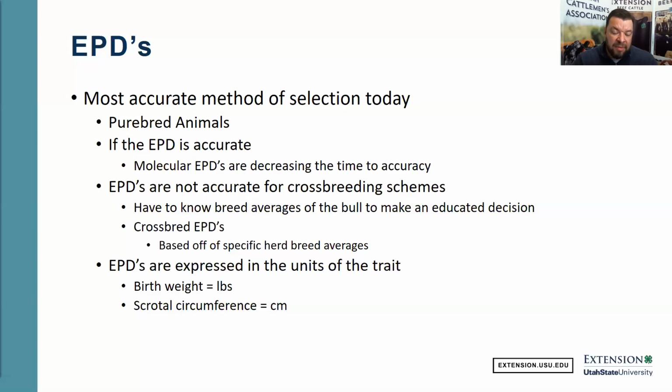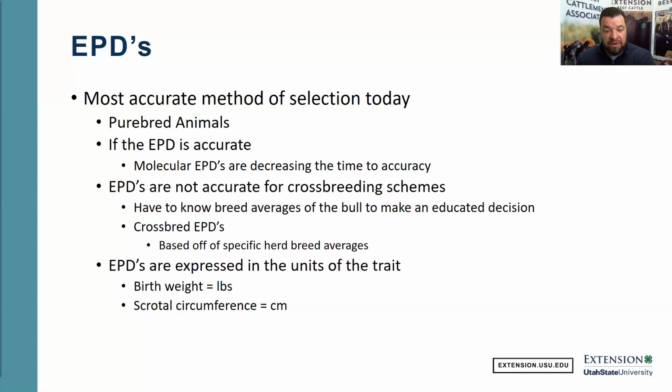Now, you've got to remember, EPDs are breed specific. With crossbreeding, we can still use EPDs as a tool, but you have to know the breed averages of the bull to really make an educated decision. That breed average, is it going to be compatible with your cow herd? Remember, your genetic base is what you're really making a lot of these decisions on.